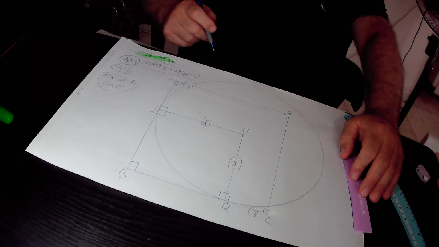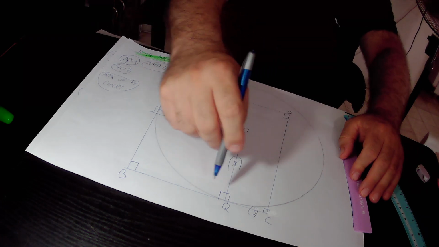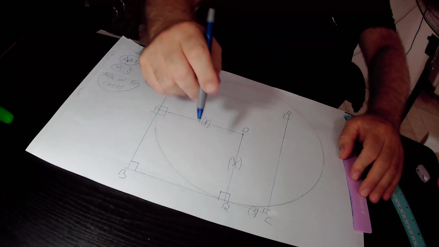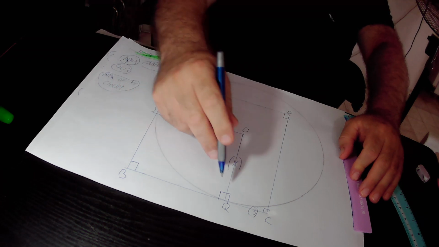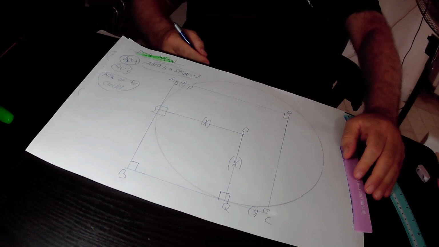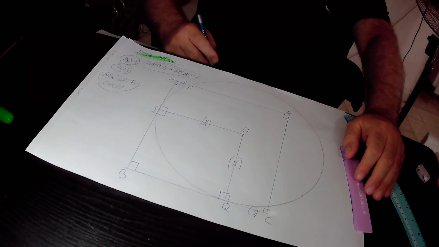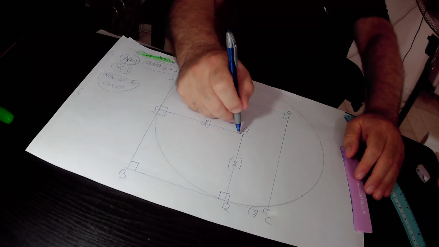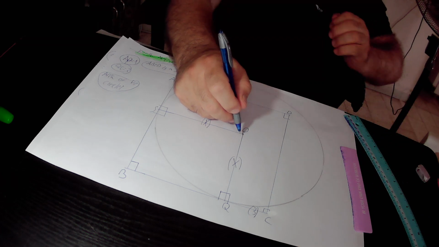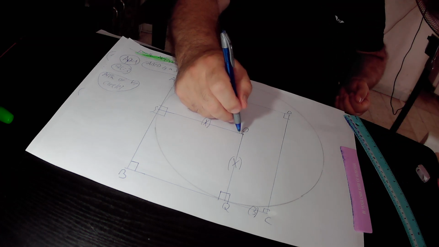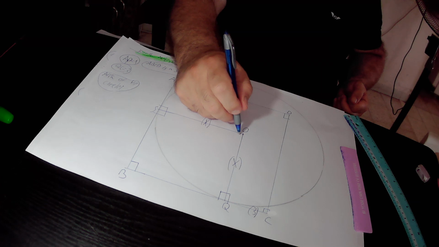So inside quadrilateral SOQB, we have 1, 2, 3 right angles. The sum of 3 right angles is 270 degrees. So 270 degrees plus the size of this fourth angle must in total equal 360 degrees, according to the rule that the sum of the angles in any quadrilateral is equal to 360 degrees.